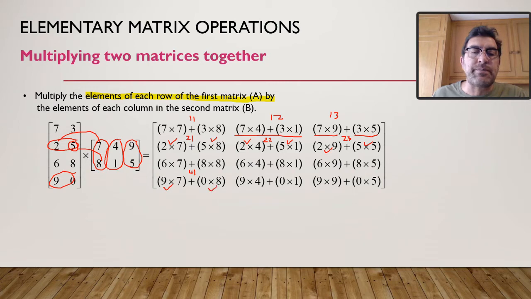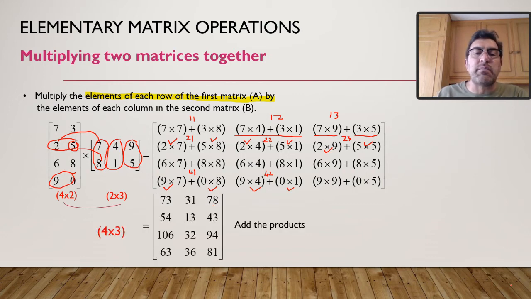The next entry uses row 4, column 2: 9 times 4, plus 0 times 1. And you continue in that fashion, folks, and you get to your final product.